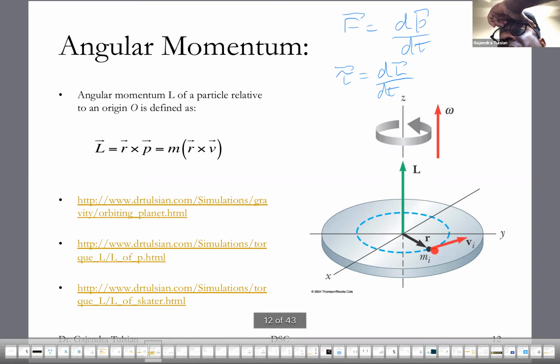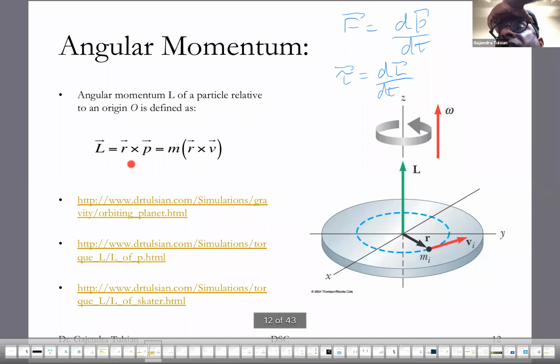The angular momentum is a vector, and if you use the right hand rule, with p in that direction, r cross p will give you angular momentum in this direction. And if you take the angular momentum of every particle and add them up, the total angular momentum of the object will be in that direction.